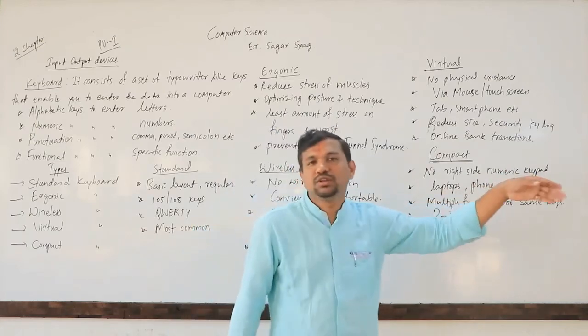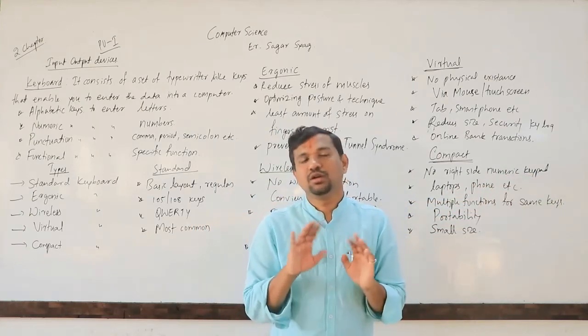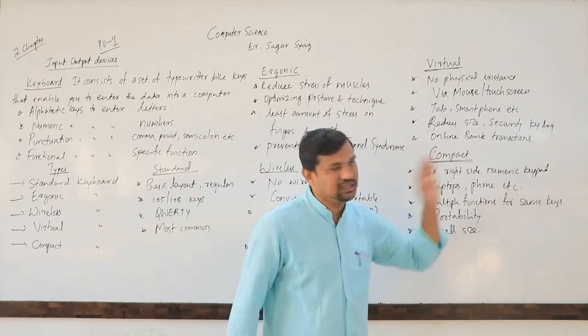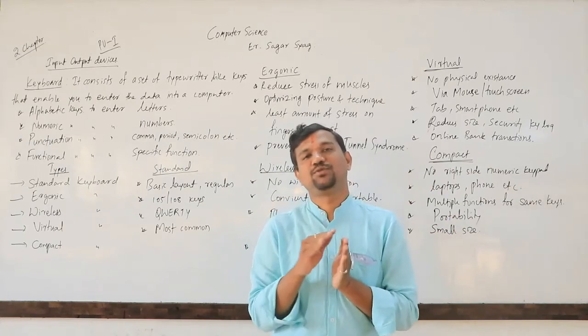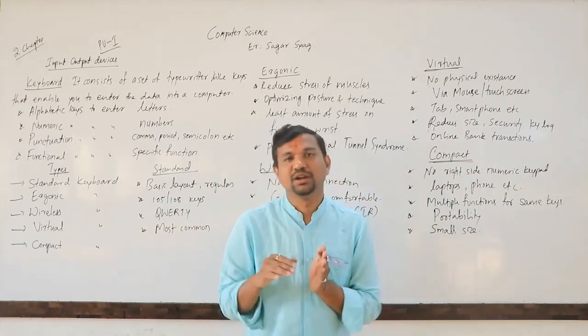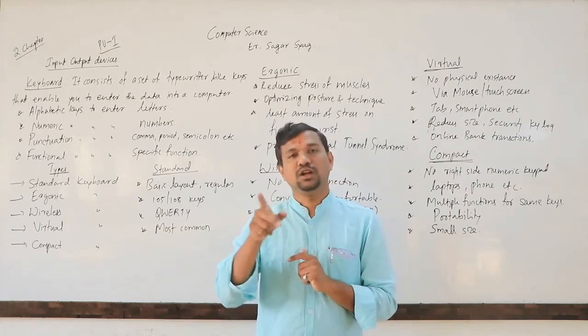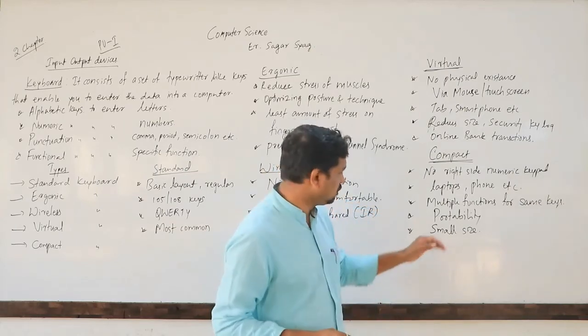In laptops, phones, etc., double keyboard keys are not implemented. So multiple functions for the same keys. The same keys perform multiple functions, and through Shift, Control, Alt, we perform such operations.